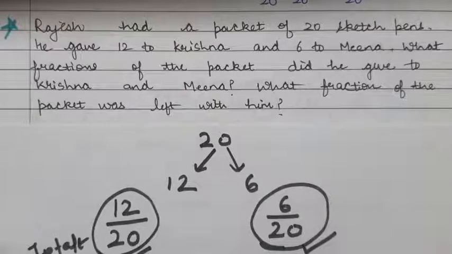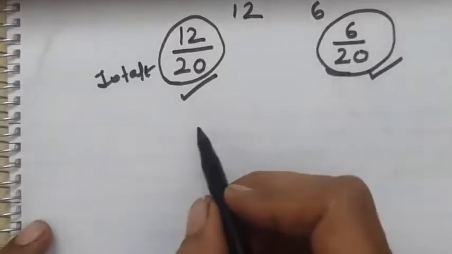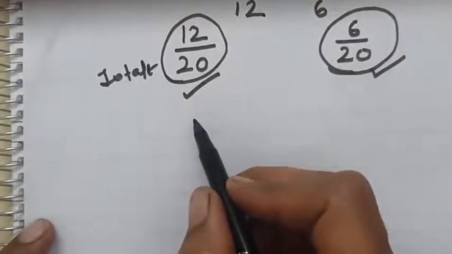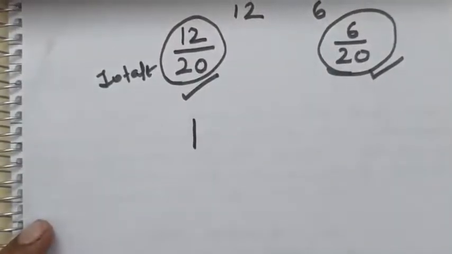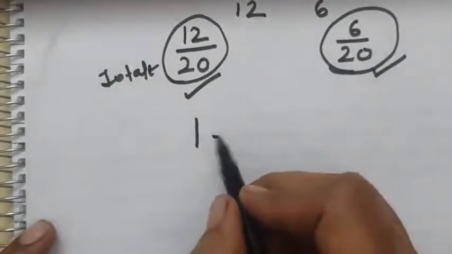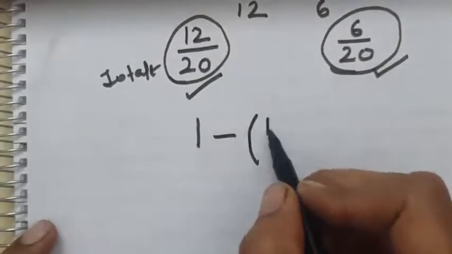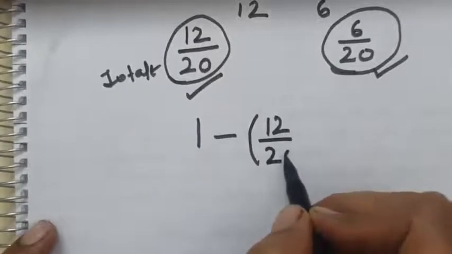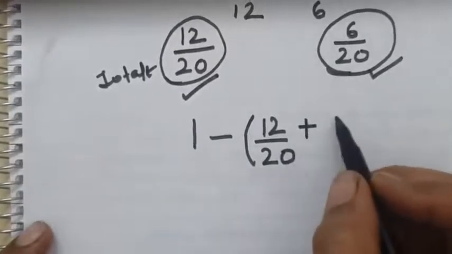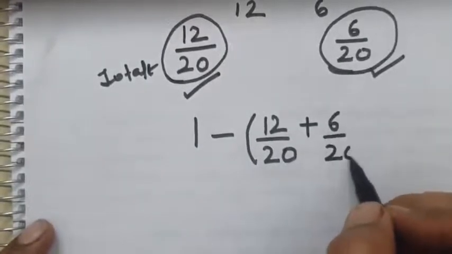Now we have to tell how much fraction of the packet is left with Rajesh. Again, in the whole, the sum of all fractions is always 1. So 1 minus the fraction he has given to Krishna plus the fraction given to Meena.